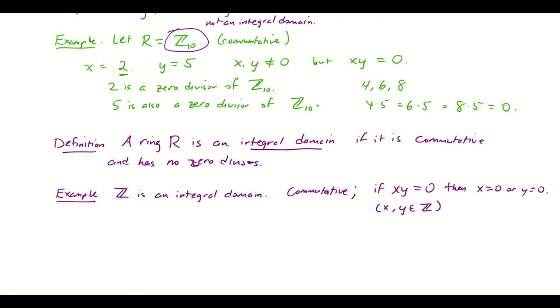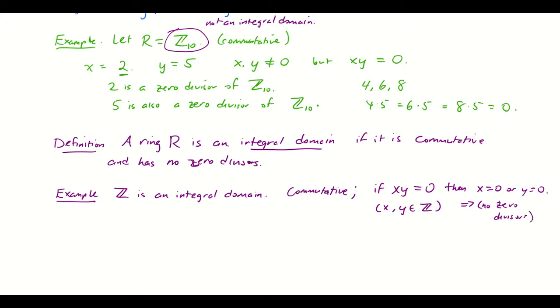What that means is that if I have two integers whose product is 0, one of them has got to be 0. And for us to have zero divisors, we have to have two numbers, both non-zero, that multiply to 0. So this statement here means that there are no zero divisors. So that's one example.